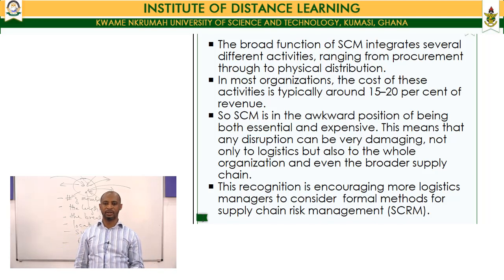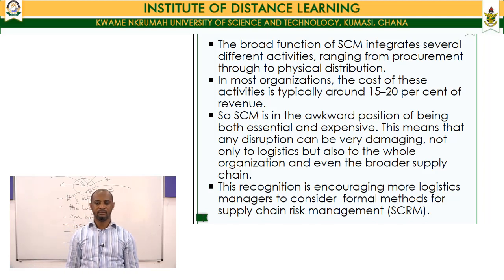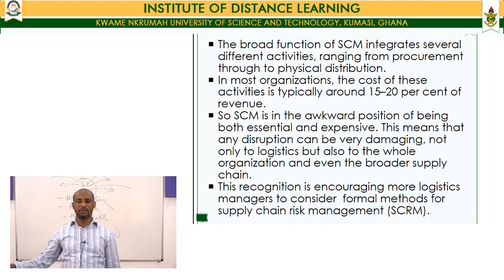And in most organizations, the cost of these activities is typically around 15 to 20% of revenue. So, supply chain is in an awkward position of being both essential and expensive. This means that any disruption can be very damaging, not only to the logistics department, but the whole organization and even the broader supply chain.